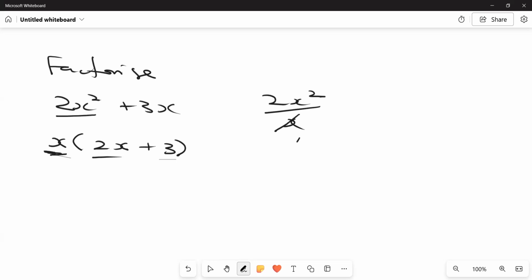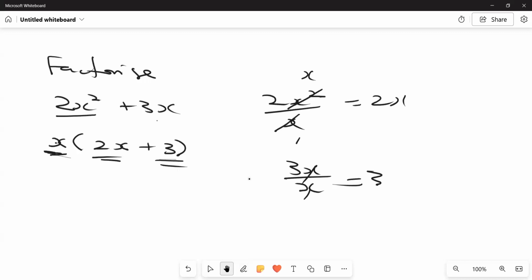So you end up with 2x, and that's what you put here. 3x divided by the x in front gives you 3, and that's how I get 3 there, right? When you do a lot of these, they become second nature to you.